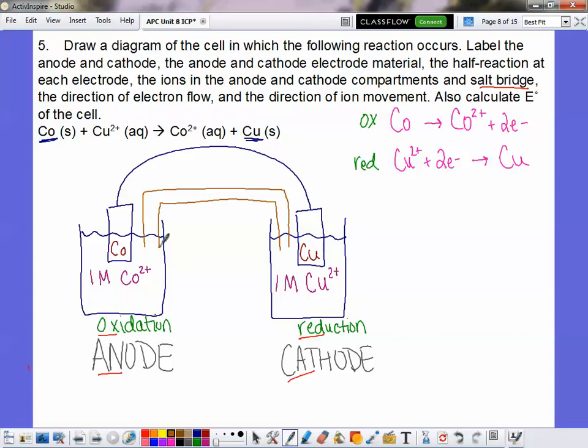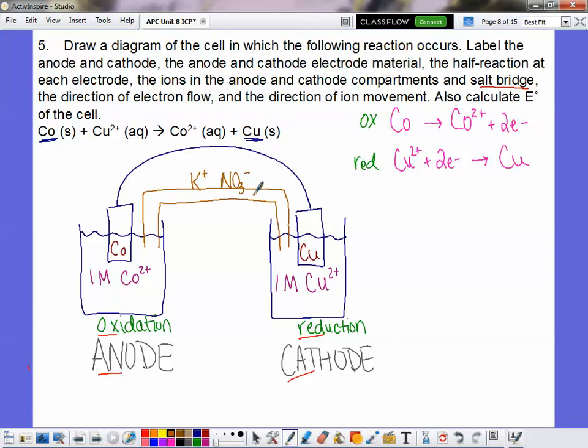When you do your lab in a few classes, you're going to have a salt bridge. It's just going to be a strip of filter paper that's been soaked in typically a solution of KNO3. So in here we have K+ and NO3-.